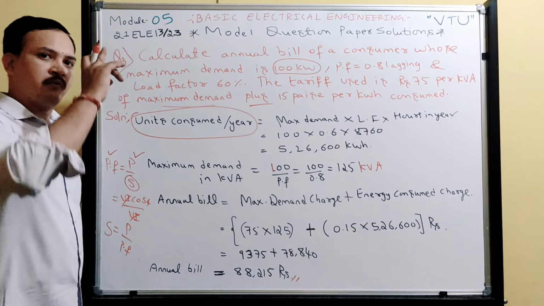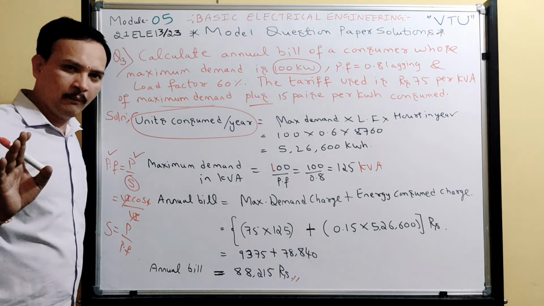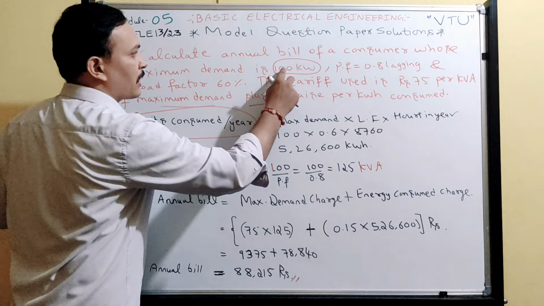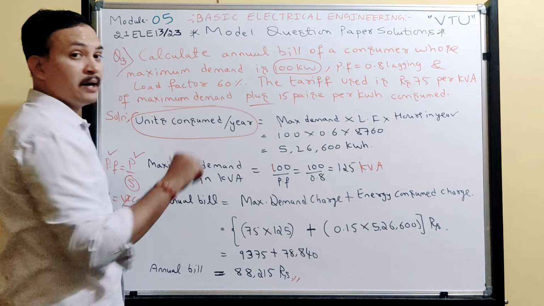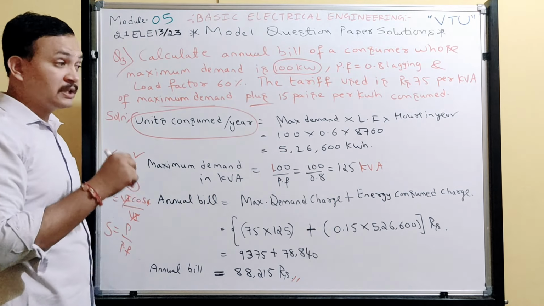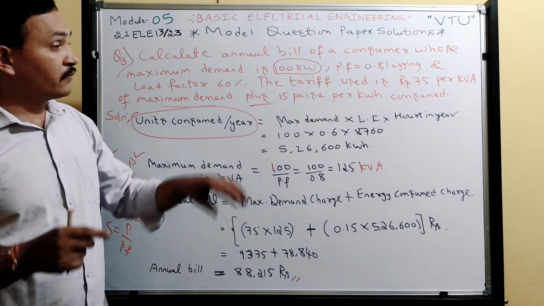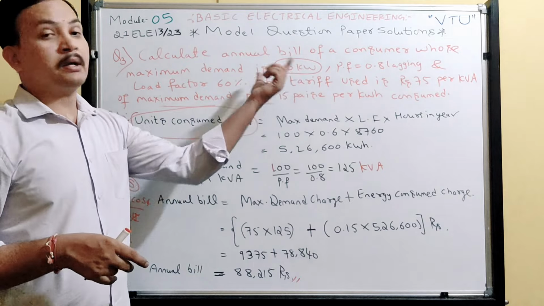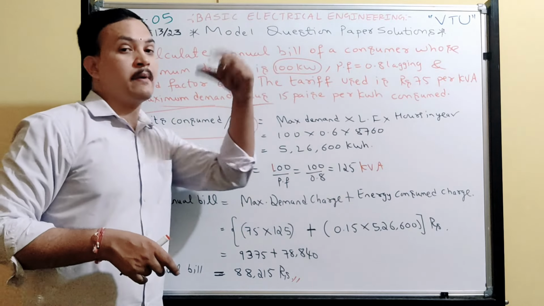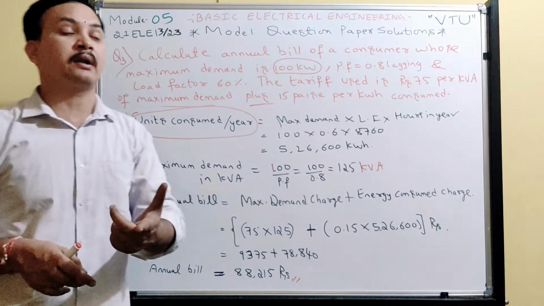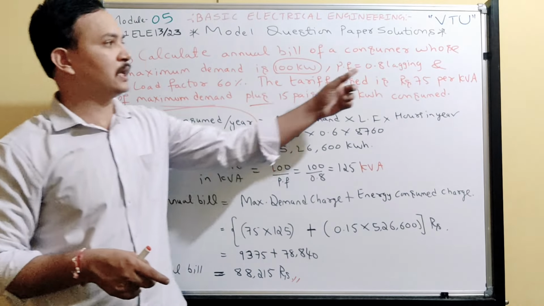This problem and the first problem are almost ditto. They gave cost per kilowatt, but in this problem they gave cost per kVA. So therefore we have to convert this kilowatt into kVA. To convert kilowatt into kVA, we require additional data called power factor. But they have given it here.